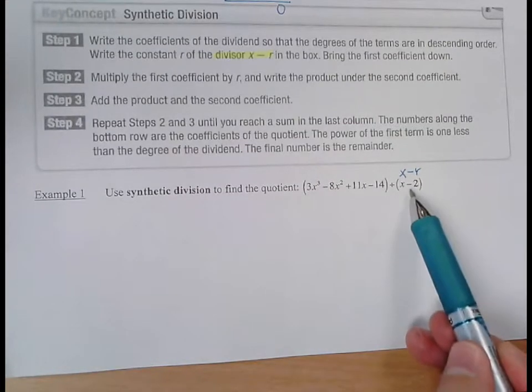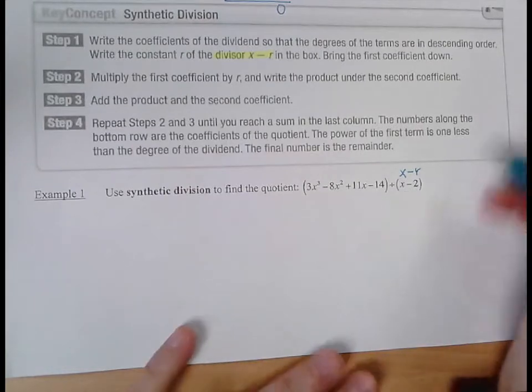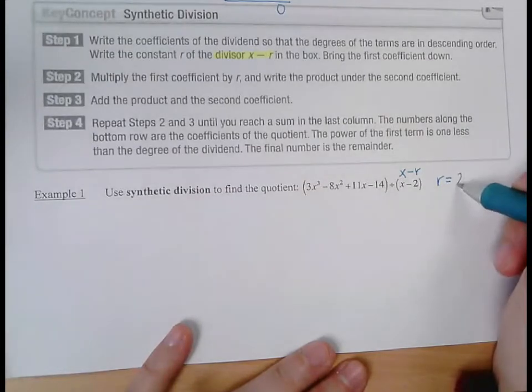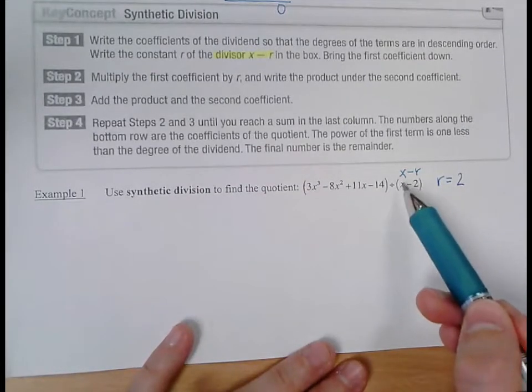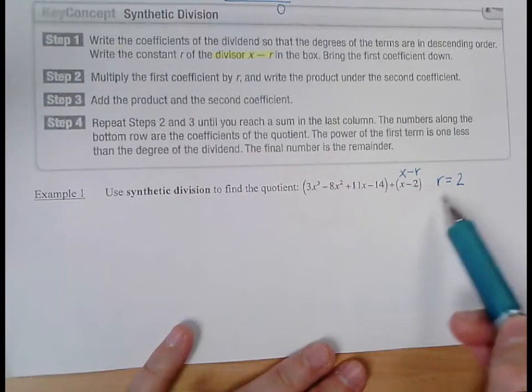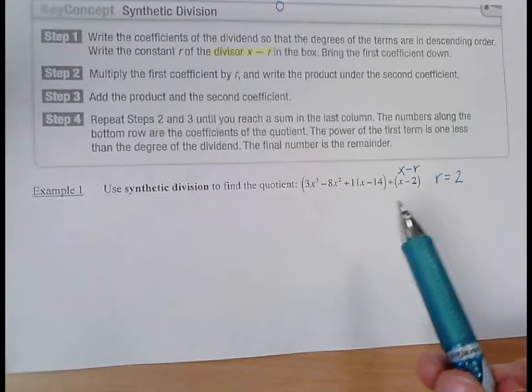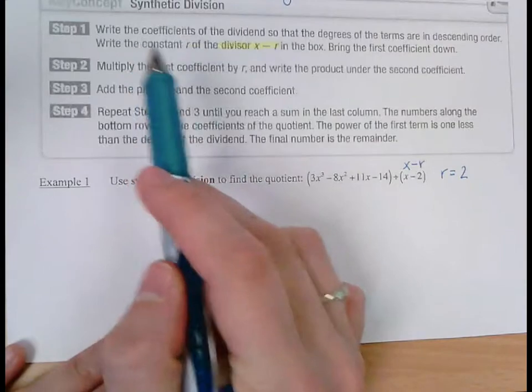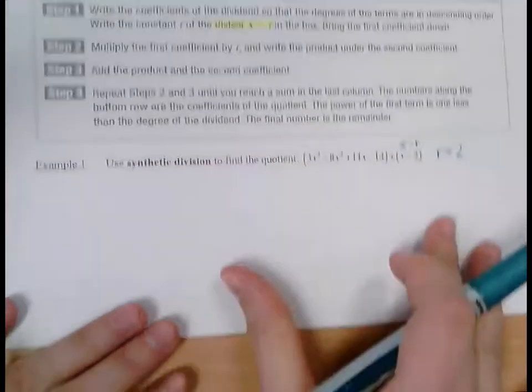So if we have a divisor of x minus 2, what is the r value? I heard someone say 2. So r is always going to be the opposite sign of how it appears in the actual divisor. If it's x minus 2, r is really positive 2. If it was x plus 2, r would really be negative. But you have to figure out what r is. This is what step 1 is explaining.